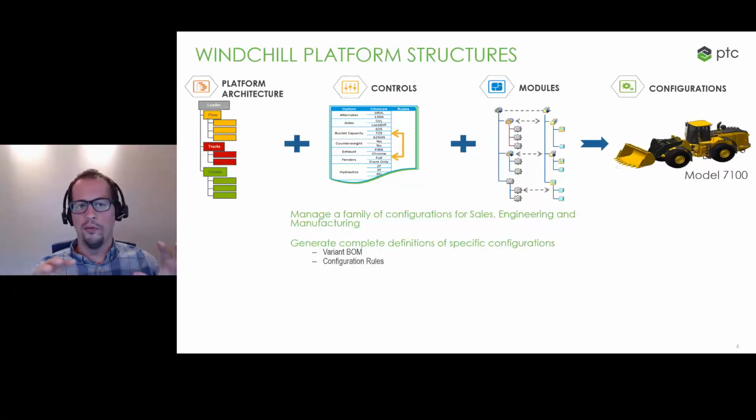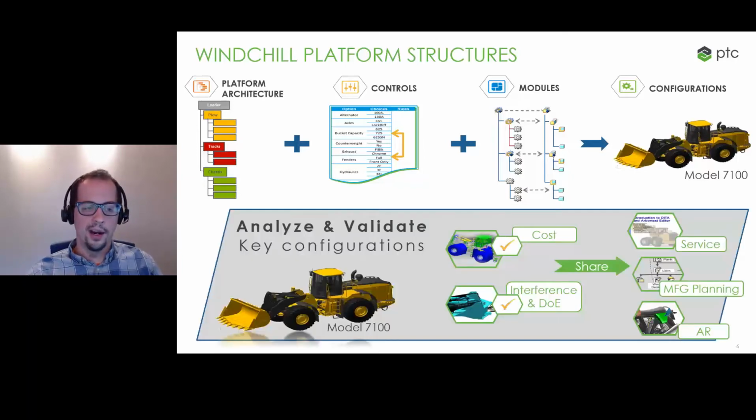Now, once you've invested and put all of these elements in place, that's when the power really starts to get unlocked and you can carry that throughout your organization. From there, you're able to analyze and validate key configurations that either represent product families that you want to bring to market, or a particular product that you intend to build.